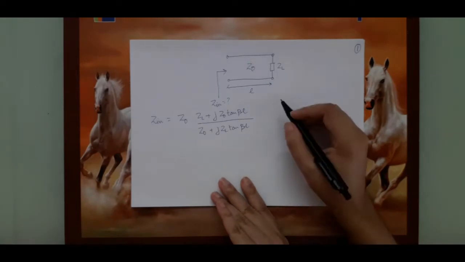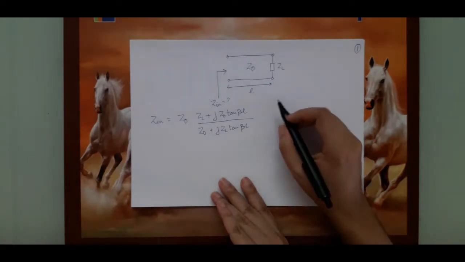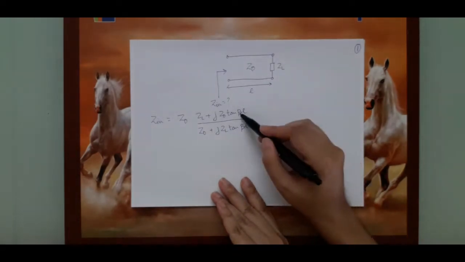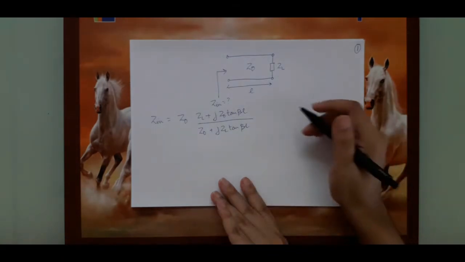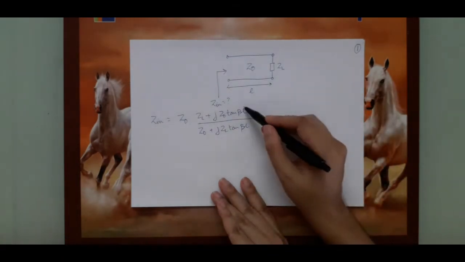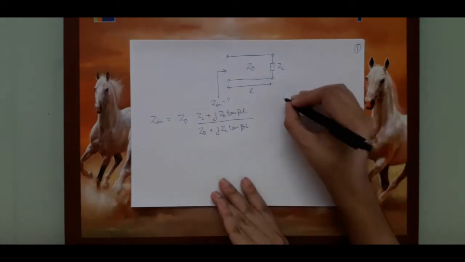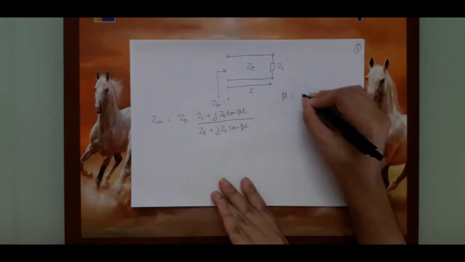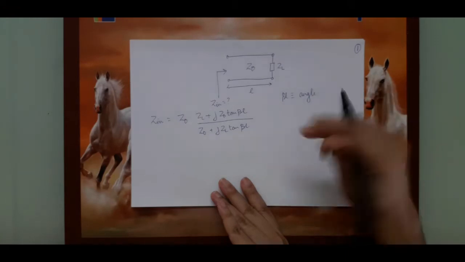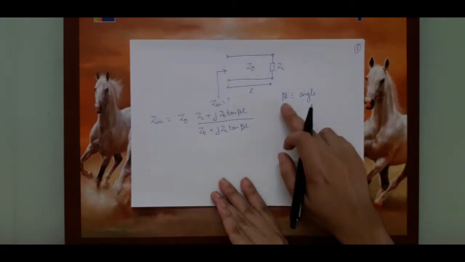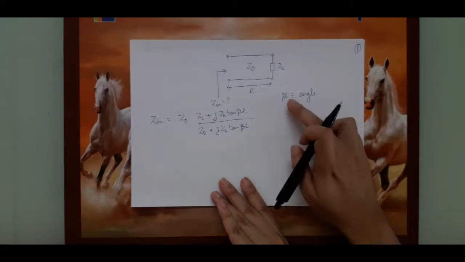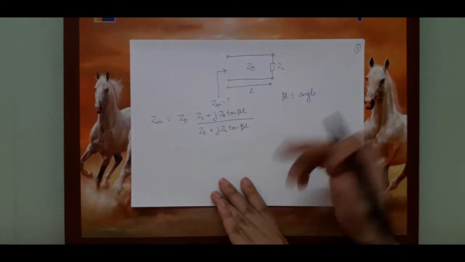As you know, L is the length of the line and beta is the propagation constant. Now if you look closely at this quantity beta L, it is nothing but an angle. You know that the unit of beta is radians per meter and length is in meters.